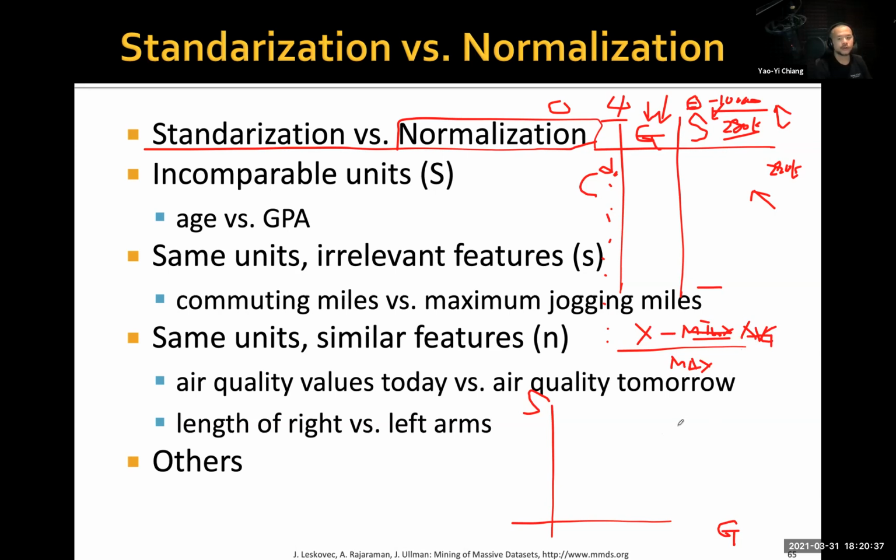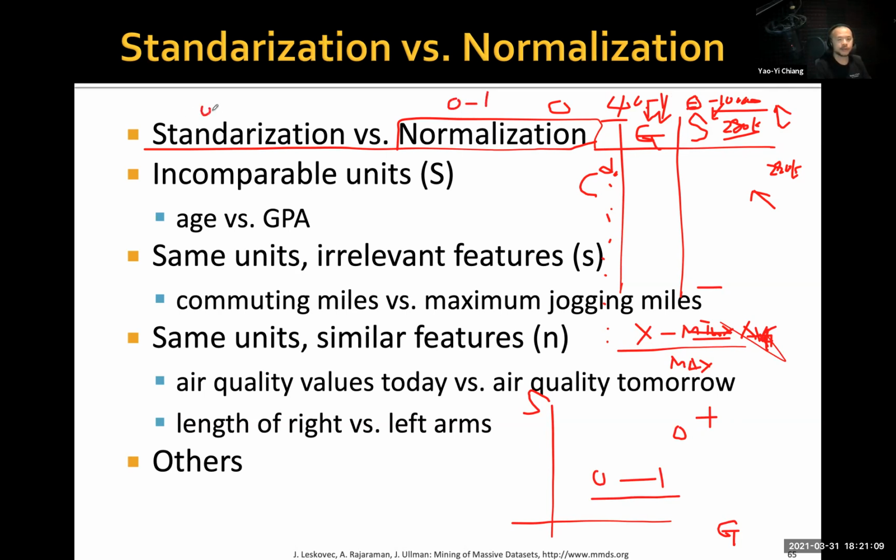Well, that will give you 0 means you are at average, a plus number means you are more than average, right? But usually you just subtract the min and divide by the range, and it will give you a scale of 0 to 1, right? Put your data point within 0 and 1. And this way, your two columns or two dimensions have the same scale and your Euclidean distance will work. So this is normalization.